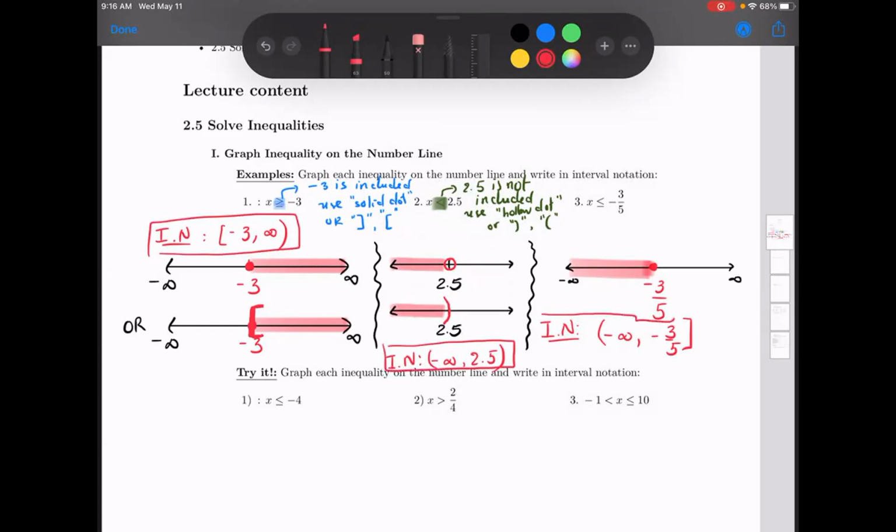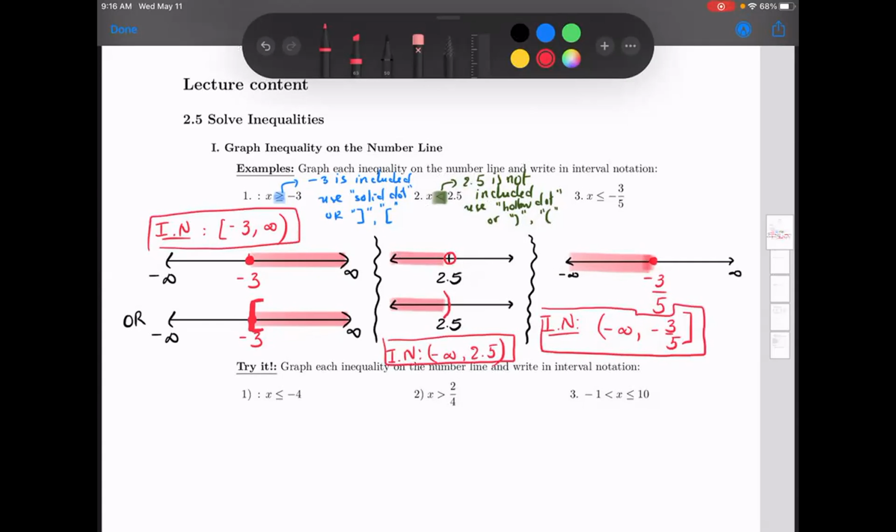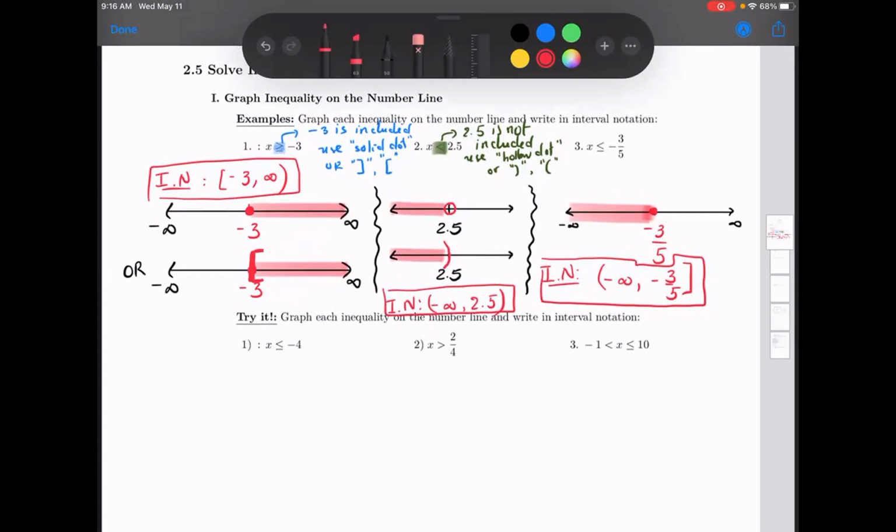Why don't you try? Why don't you guys try number 1 and number 3? I'll do number 2. You guys try number 1 and 3.